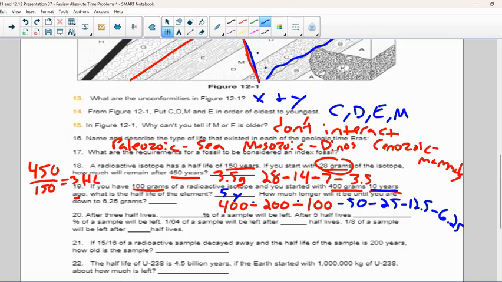And that's where I'm going to stop because it said 6.25 grams. So it would be an additional 1, 2, 3, 4 half-lives. Again, each one of those is 5 years. So 4 more of them, 4 times 5 is going to be 20 years. So how much longer? 20 years longer.